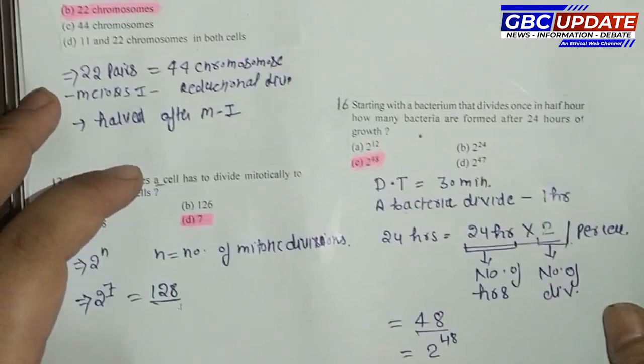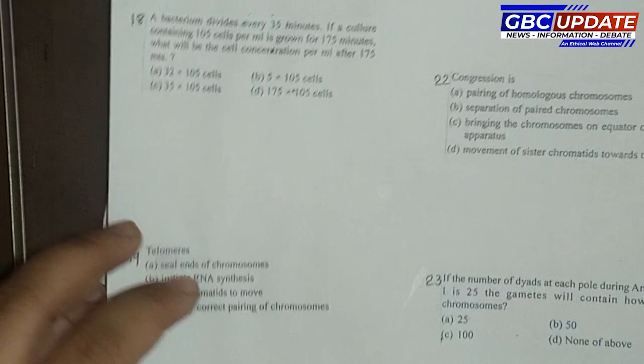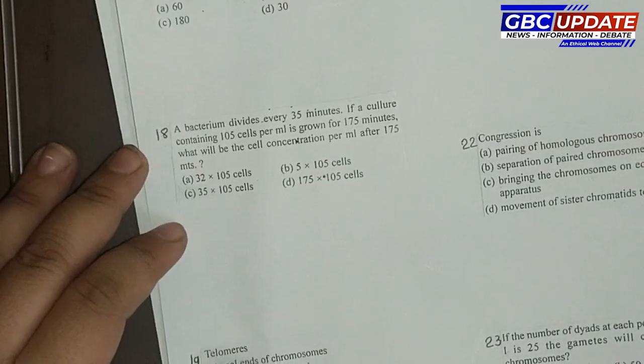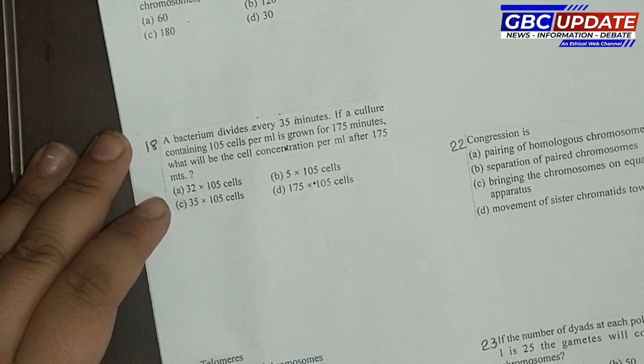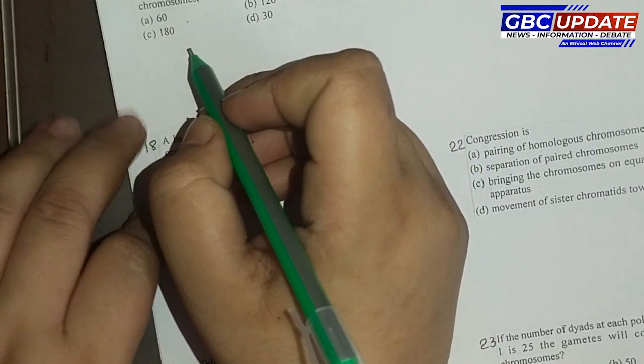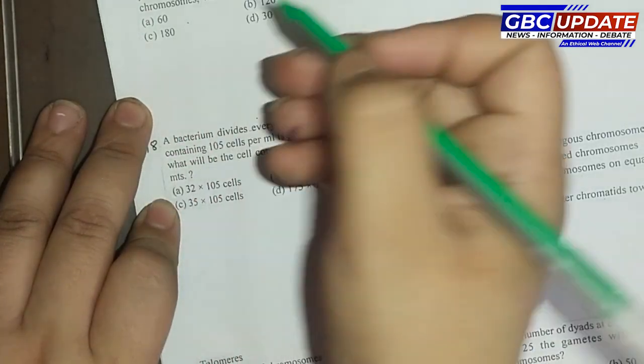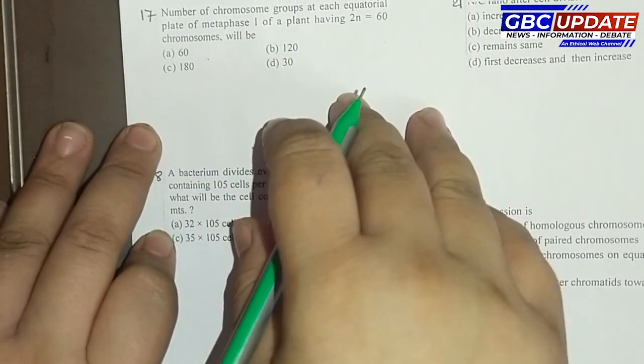Moving on to the next question. Number of chromosomes at each equatorial plate of metaphase 1 of a plant having 2n number 60.